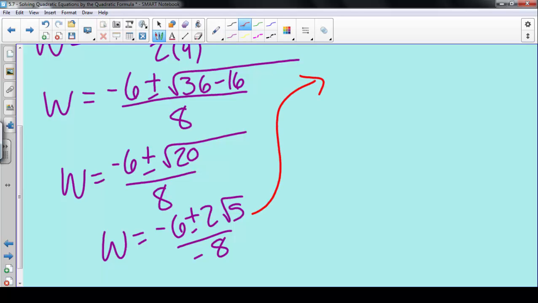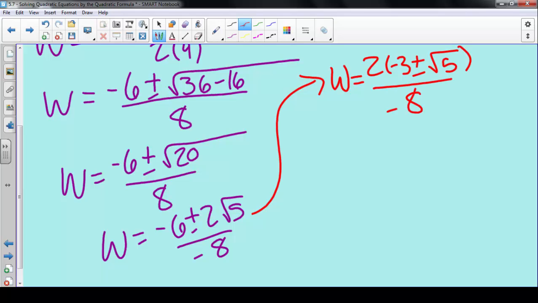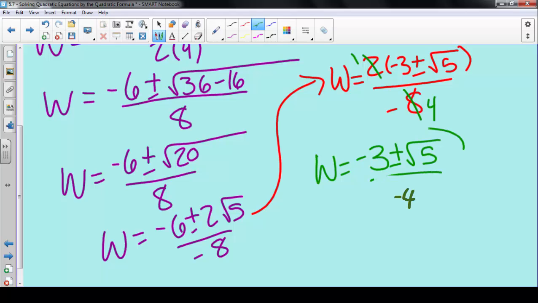We can factor out a 2 from the numerator. And so then dividing this 2 is a 1 and this by 2 is a 4. And there we go.